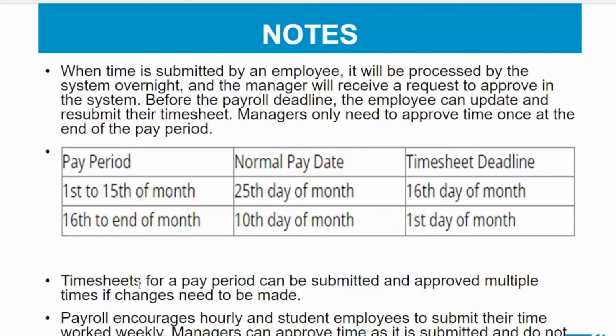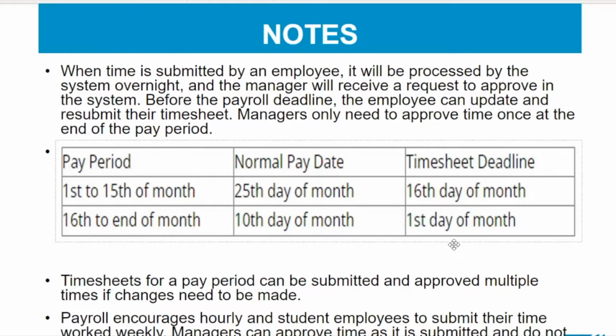So just a reminder, the timesheets, pay periods, deadlines, and pay dates basically remain the same. Deadlines were always due the 16th after the 15th due date and the 1st of the month after the end of the month. But in this new system, we do not have the luxury of waiting a little bit longer, or saying somebody didn't turn in their time, I'll just wait till Monday.